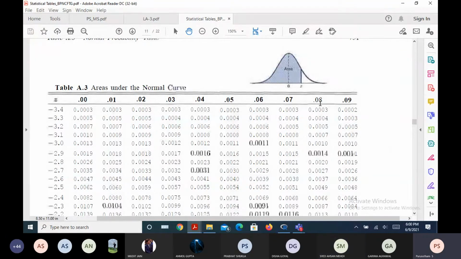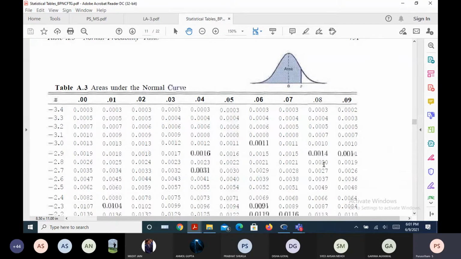That means 97.5 divided by 100, which is 0.975. The complement of 2.5% is 0.975, right? Did you understand this point? 100 into 1 minus alpha is the confidence level that I mentioned in the last class.